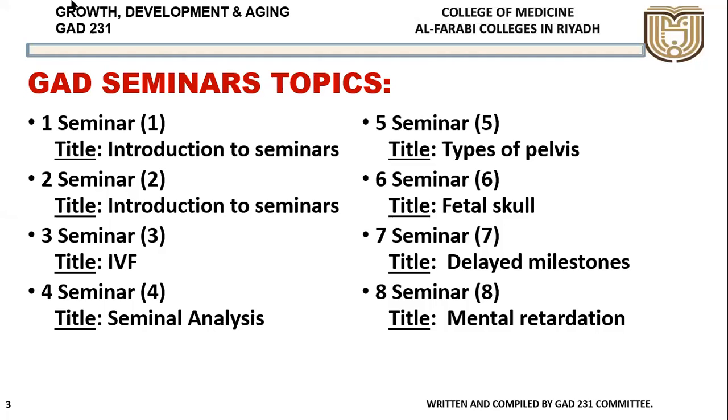Okay, so there are 14 in the M1 group. So you will take the 6 topics. Each topic will be taken by 2 to 3 students.